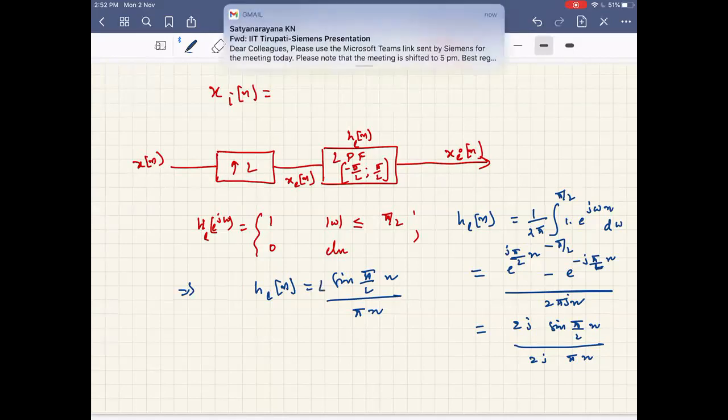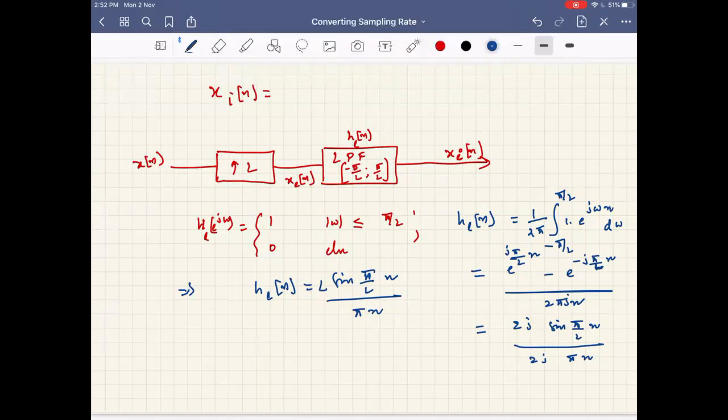Hence, we introduce a factor L here, so that this factor L is introduced everywhere, and hence the height also comes as a height in HL of e power j omega. So rather than height 1, we would like to have a height of L in the frequency domain spectrum, and hence in the time domain the sample at HL of 0 will be 1.